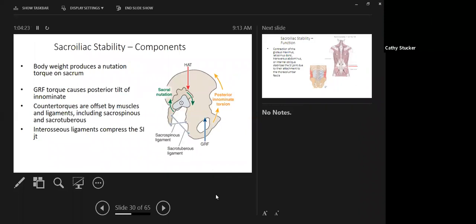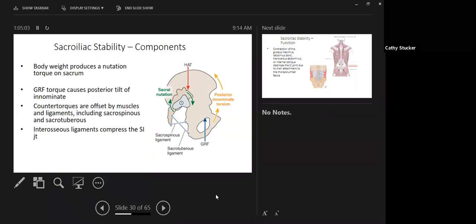So we have this sacrum, which is holding, if you imagine it, all of your body weight coming down through the spine into the sacrum. So the sacrum is taking pretty much all of you and saying, I got this, right? But how is it doing that? How is it holding you inside the pelvic ring? As the body weight pushes down on the anterior aspect of the sacrum, it's a relative nutation, a rotation forward of the sacrum between the two innominates.